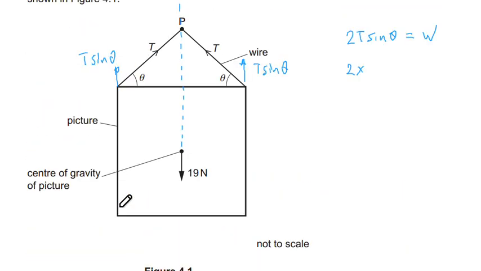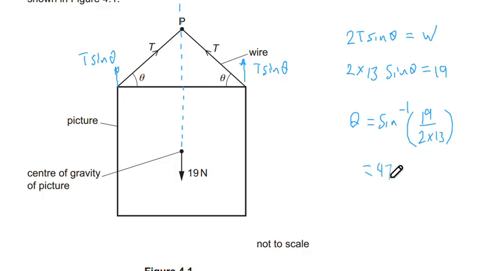And here the weight is 19, so we can say directly that theta is sine minus 1 of 19 over 2 times 13, which is 26. So theta is 47 degrees.